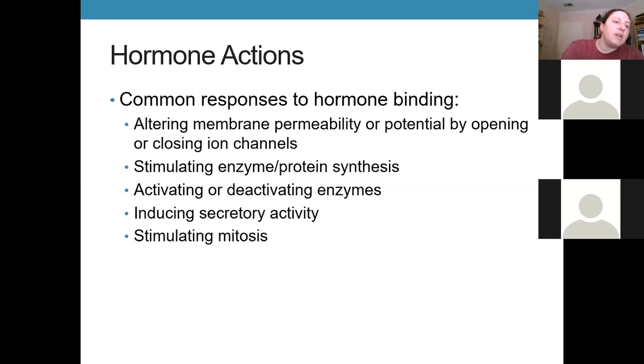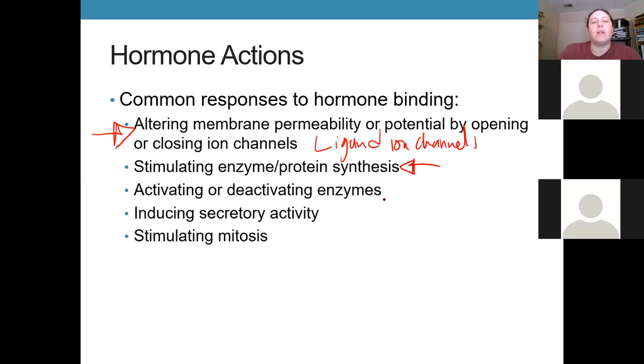So the receptors can be ion channels. They can literally just be ligand gated ion channels. But a lot of them control the inner workings of the cell in different ways. They can influence what proteins the cell is making.